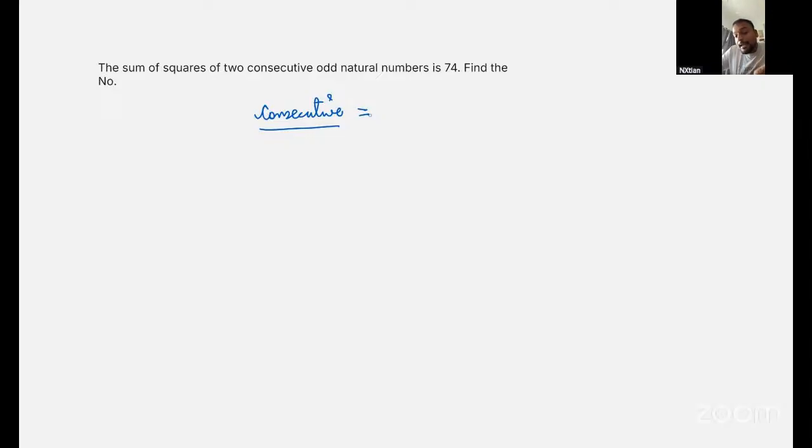But if I say the next consecutive even number, meaning after 10, which even number will come? 12. So it will be 12. Are you with me? Consecutive means one after one. Simple as that.